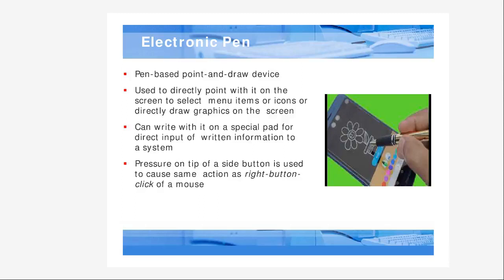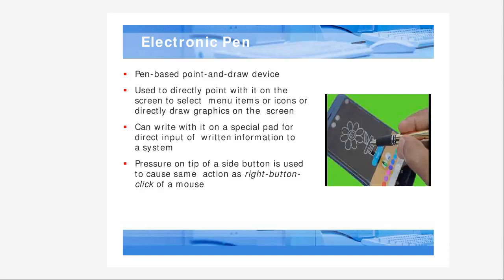This was already learned in the previous class also. Electronic pen. This is also called a light pen. It looks just like a pen, that's why it is called a light pen.